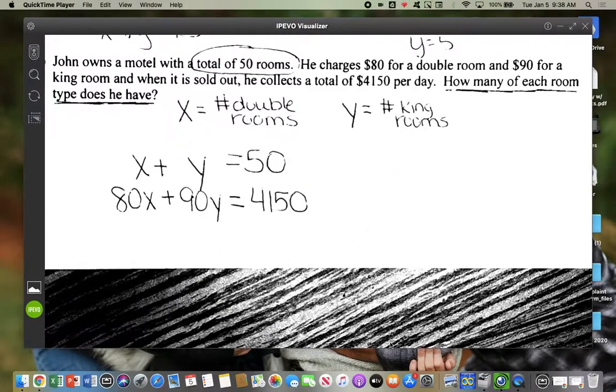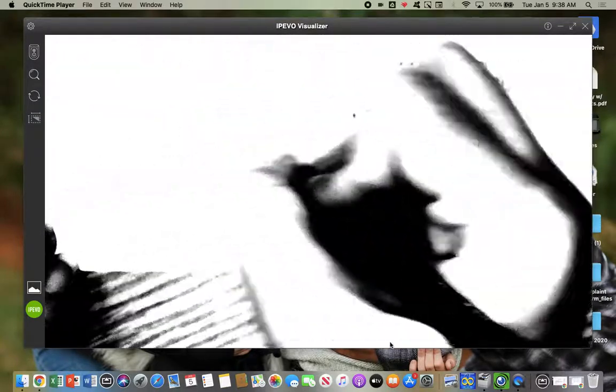So on this one, we are going to have to multiply. Do you guys want to eliminate the x's by multiplying by negative 80, or do you want to multiply by negative 90? There's really no difference. Maggie, do you want to multiply by 80 or 90? All right, let's multiply by 80.